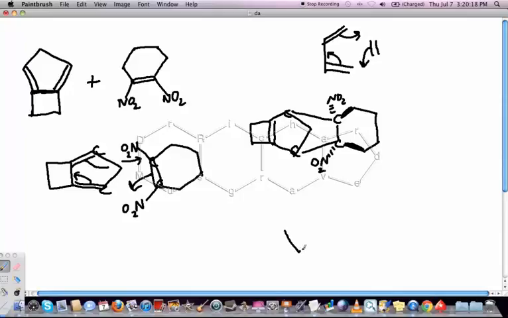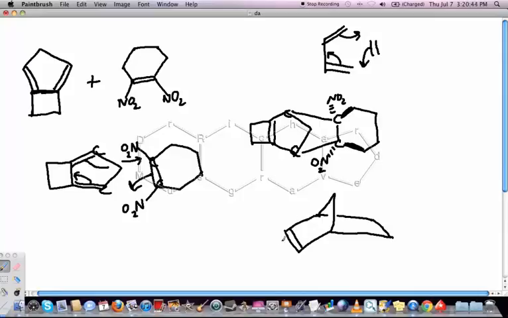We'll draw that in the same way as we do the other one. Now look at this. This will be the bridge right here between the C's from the diene. That's what we expect the bridge to look like. So that'll be the bridge there. So now we can have the double bond here.